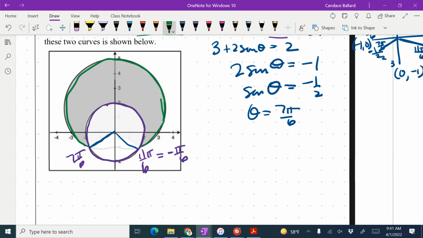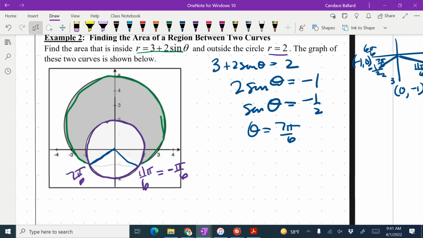All right, the formula is no different. I'm going to go ahead and do the half thing again. Technically I'm not even going to need to use the 7 pi over 6. If I did the half thing, what radian measure is right here? What's our radian on the vertical axis there?